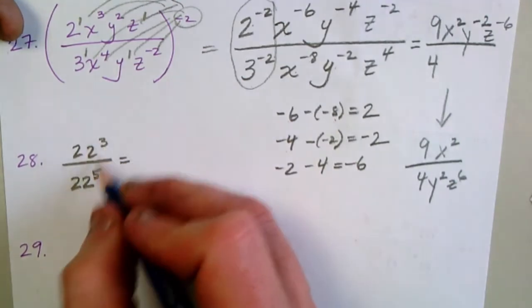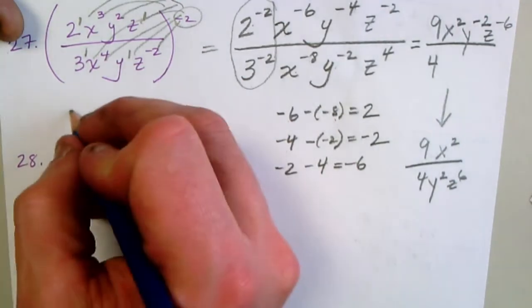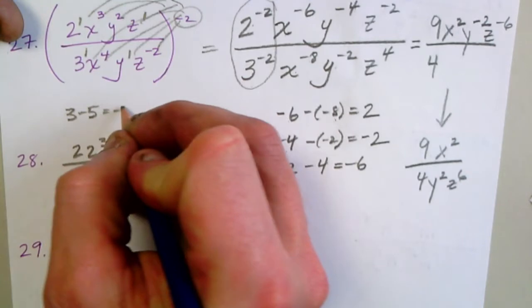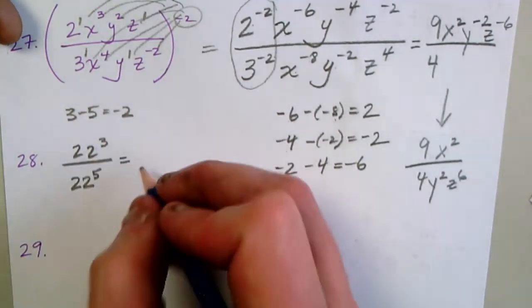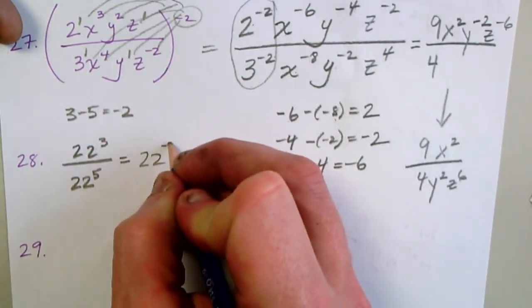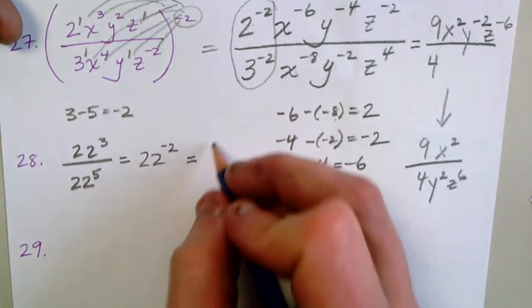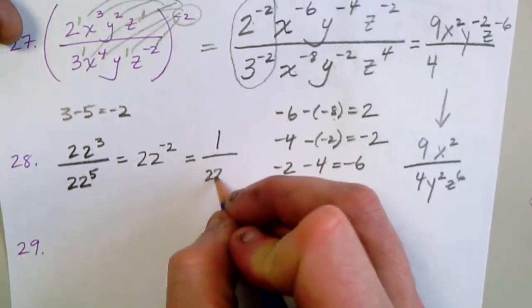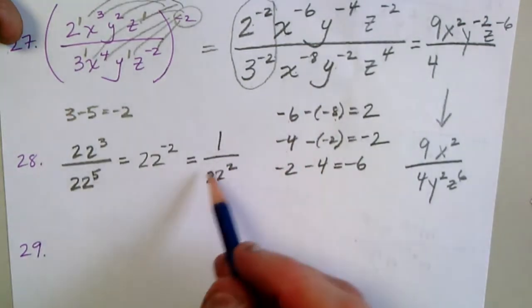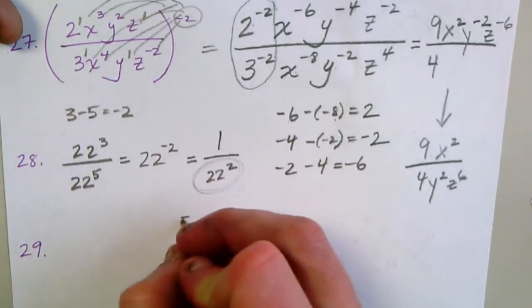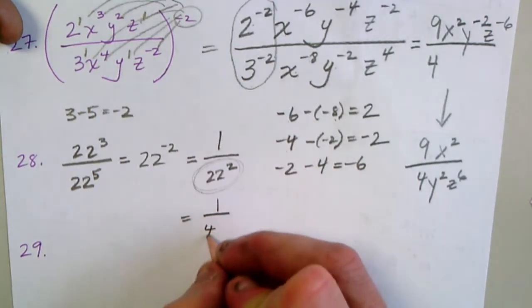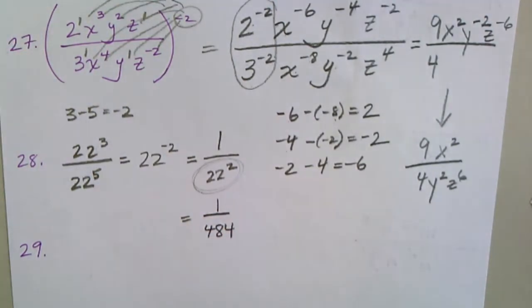Well, remember we subtract the exponents here? 3 minus 5 gives you negative 2. So I really have 22 to the negative 2nd power. Well, what is that? That's actually 1 over 22 to the second power. And if I work this out, this ends up being 1 over 484. Okay? So the ratio, what was that? White blood cells to red blood cells.